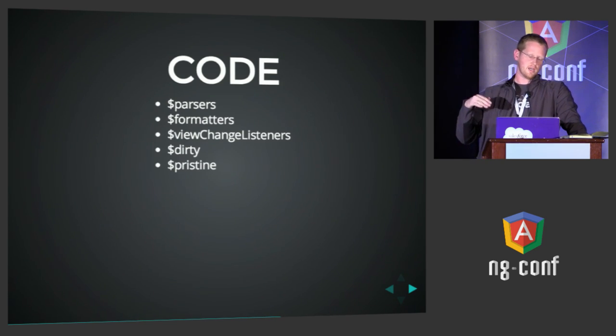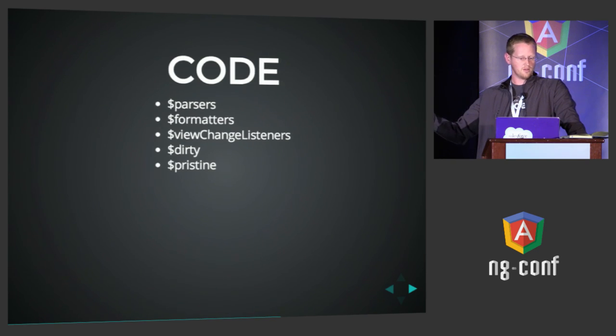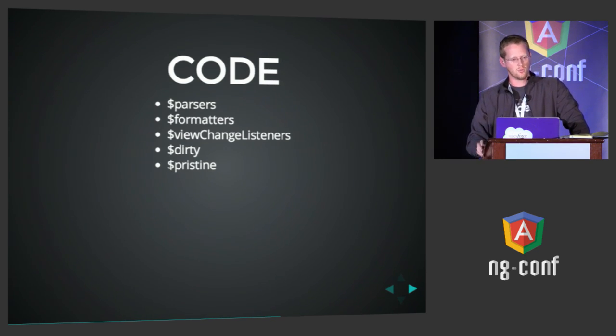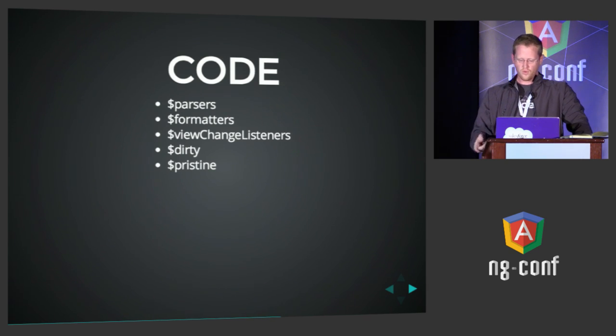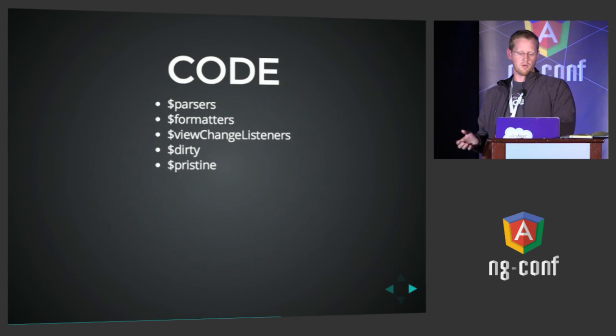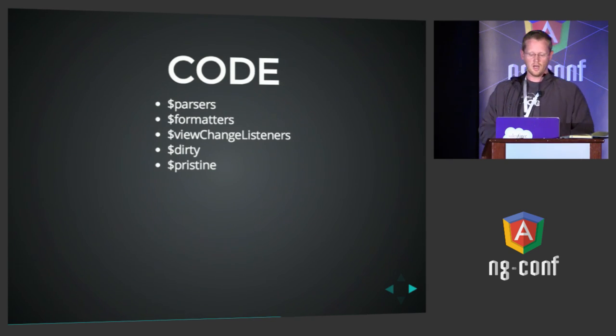Parsers are functions that values get passed to when a value is sent to ngModel, and the return of the parser functions is what's applied to the model. Formatters is the reverse, so you take a value from the model and pass it back to the view and maybe make adjustments to your data. View change listeners, ng-change would be an example. It needs to be updated when the view gets changed, and dirty and pristine I think are pretty obvious.